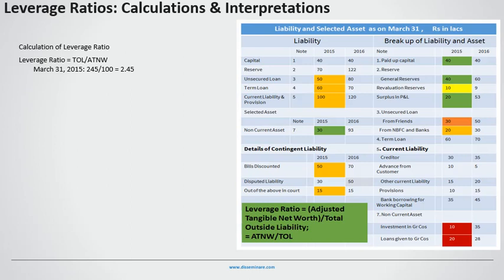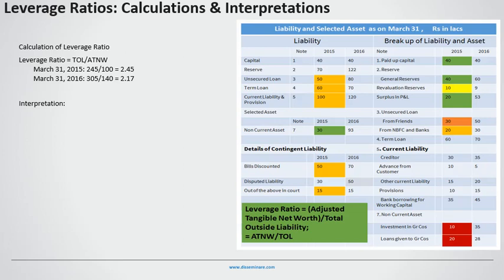Thus leverage ratio equals rupees 245 lakhs divided by 100 lakhs equals 2.45. 2. March 2016, TOL equals rupees 245 lakhs and ATNW equals rupees 140 lakhs. Thus, leverage ratio equals 2.17.